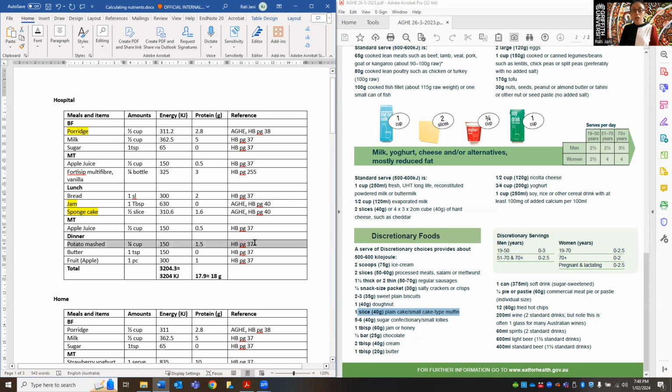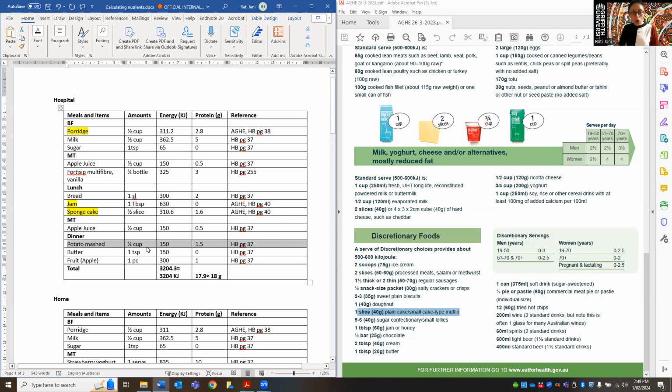Mashed potato. This again is in your quick ready reckoner. When you go to your quick ready reckoner, you have starchy vegetable. What is mashed potato? It is basically potato which is mashed, so it is a starchy vegetable. What is the patient having? The patient is having 1/4 cup.